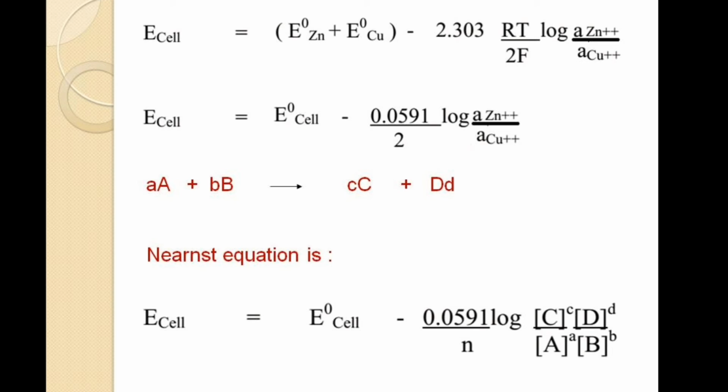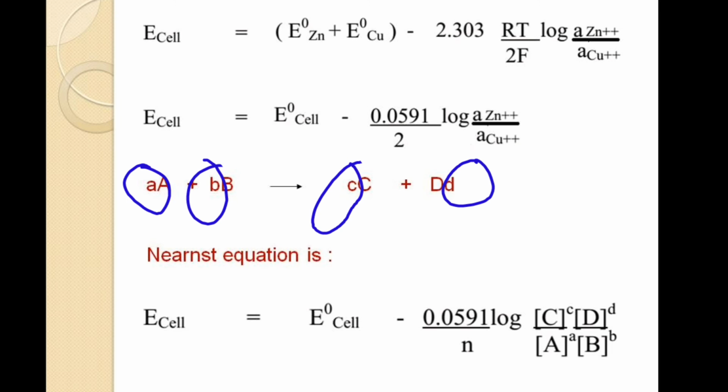If we consider a general cell reaction, small a A plus small b B gives small c C plus small d D, here small a, b, c, d are the numbers of moles.